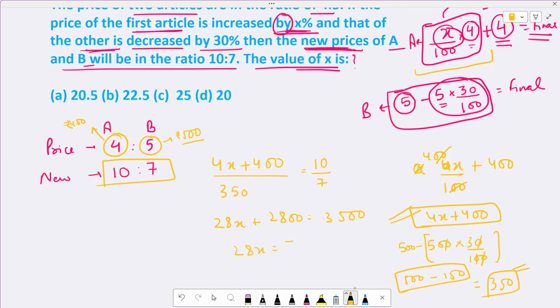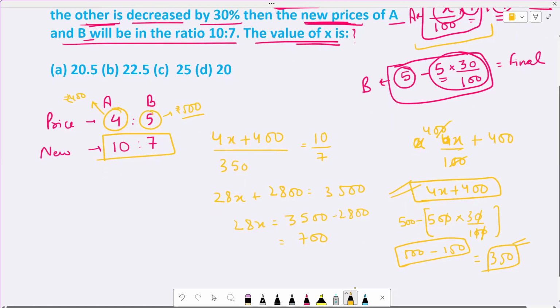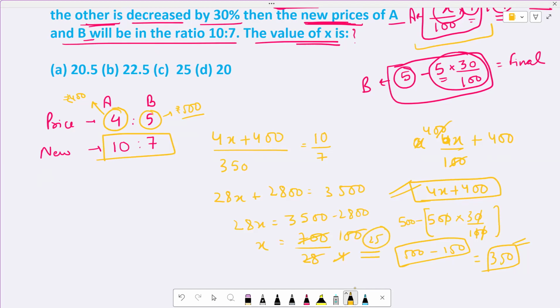So 28x will be equal to 3,500 minus 2,800, which gives 700. So x divided by 28 equals 100 upon 4, which equals 25. Therefore, the value of x is equal to 25%.